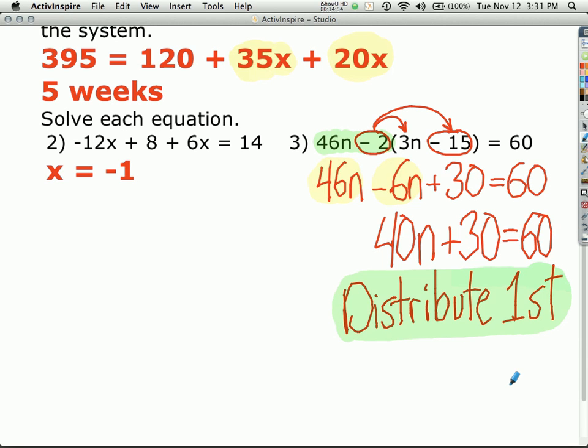Okay, Annie? I added the 46n and 3n, and then 2 and 15, and then I subtracted it. Okay. And that's what I was thinking that a lot of my students were going to do. Listen to what she did. She did the 46n plus the 3n, and then she added the negative 2 and the negative 15, and then worked from there.